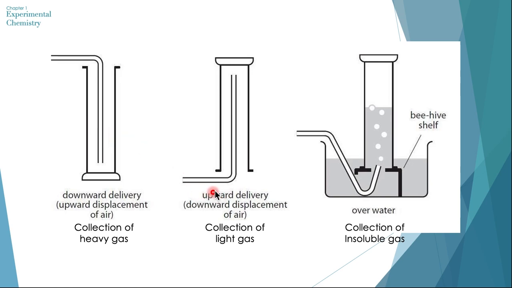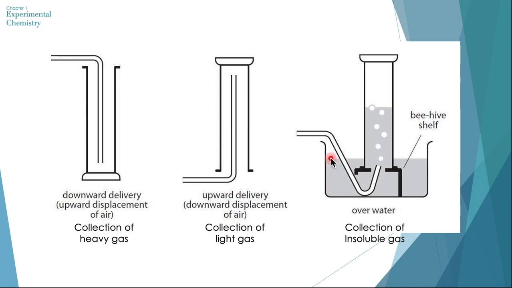The collection of a light gas is the total opposite. Here we turn the cylinder upside down because the gas rises up rather than sinking down. So this would be an upward delivery and downward displacement of air. The air is displaced downwards because the gas is lighter than air, so it will displace it.